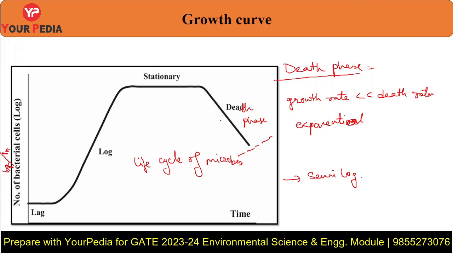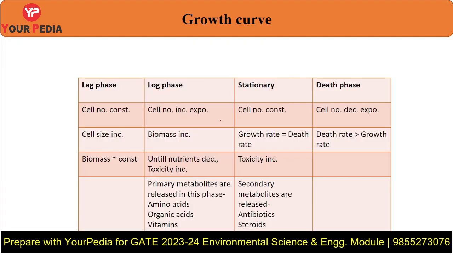So all these properties that we just discussed are enlisted here. What happens in lag phase? Cell numbers remain constant, yes, because they only increase in size. And biomass is almost constant. There's a very slight increase in biomass because of the increase in the cell size.